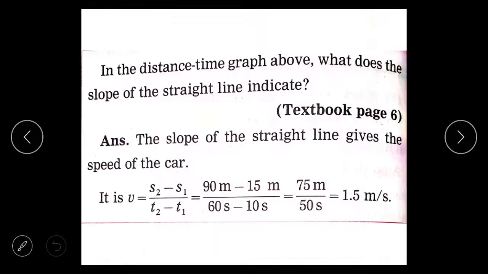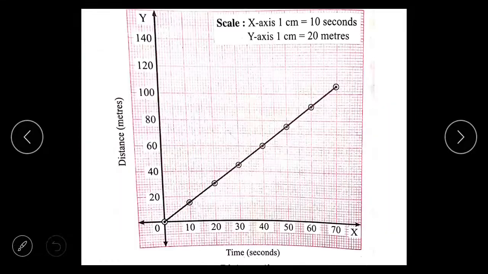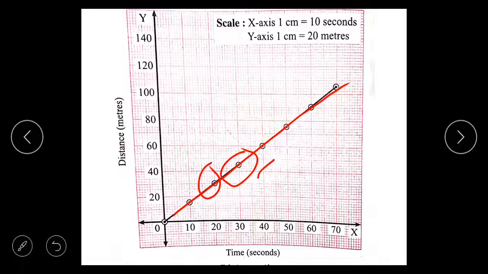Now let us answer the question. It is a question of use your brain power on page number 6 of your textbook. So slope. Now what do we mean by slope? Suppose this is a straight line. Slope of a line can be determined by using a formula. First of all, consider 2 points on the graph and note down their coordinates, x coordinate and y coordinate.